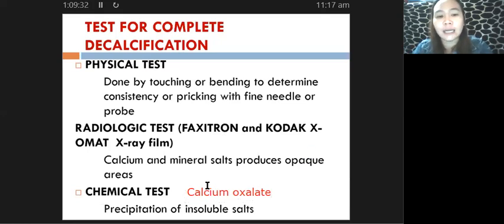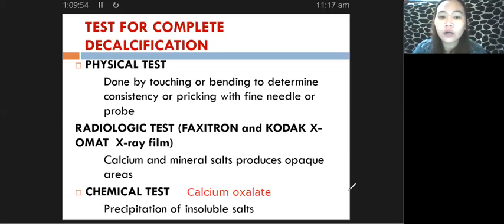This test involves the precipitation of insoluble salts. So how do we perform your chemical test or your calcium oxalate test?